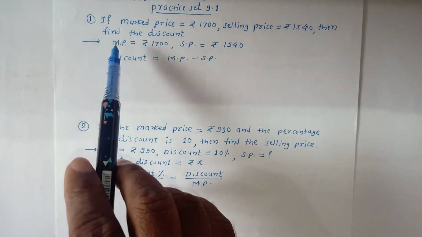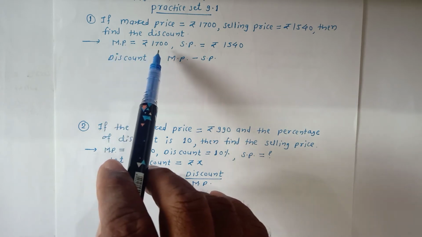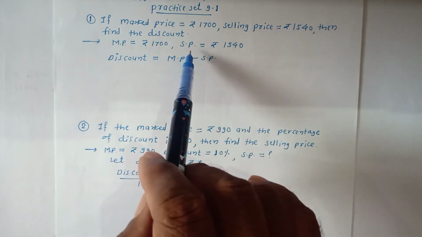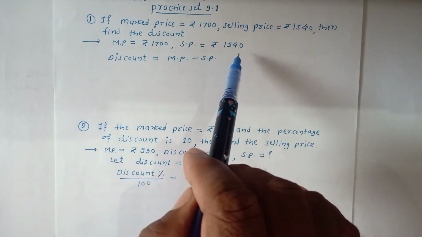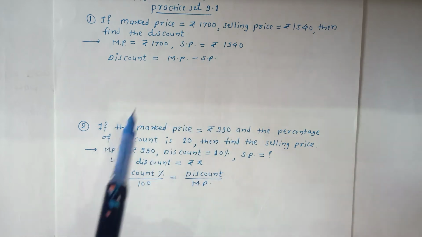Here mark price, MP, is given as rupees 1700 and selling price, SP, is given as rupees 1540, and we have to find the discount.